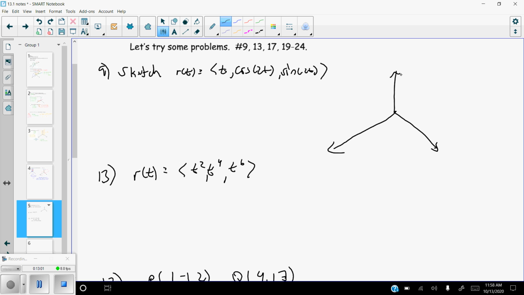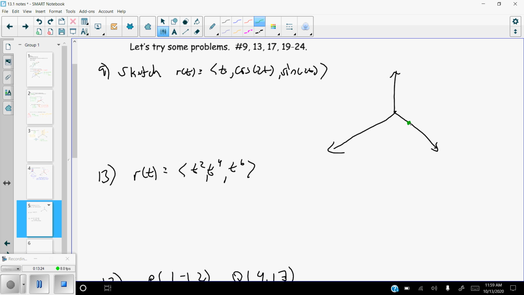It's just going to loop around the x-axis. So the biggest thing is to figure out where you're going to start. So if we start with t equals 0, now remember, you've got to plug this stuff in. At t equals 0, x is 0, y is 1, and z is 0. So that's when t equals 0.